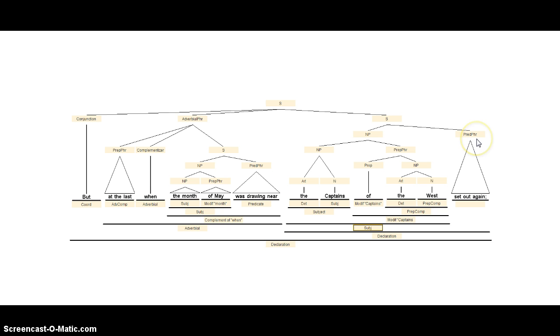And here in the predicate phrase, we will leave that in its triangle form. So there you have how to diagram the first part of the sentence.